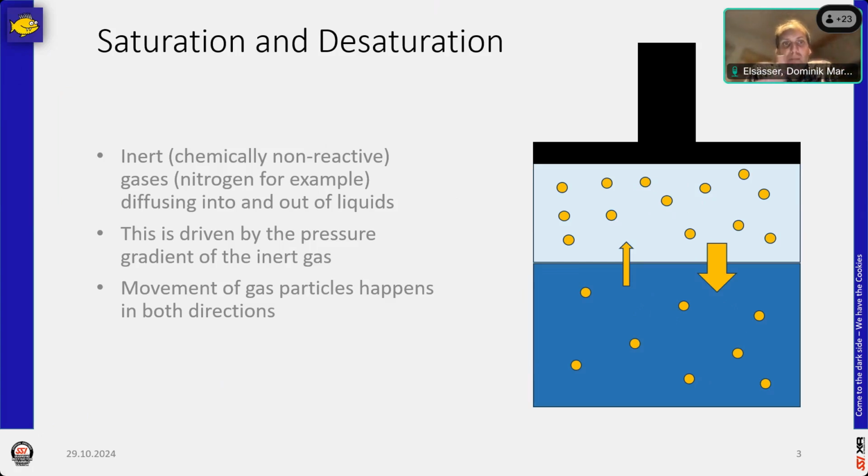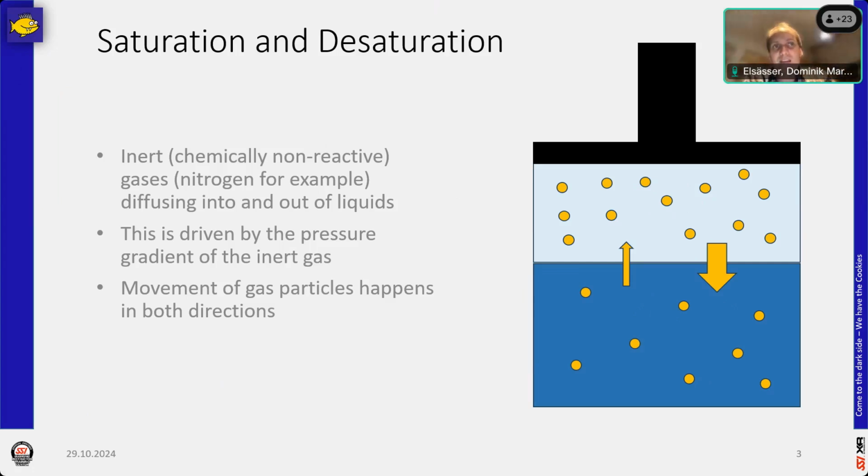Now, careful at this point, this does not mean that in this moment where the pressure rises above the liquid, only yellow bubbles move into the liquid. No, that means that there's a process that bubbles move into the liquid and some of them also move out. Yeah.